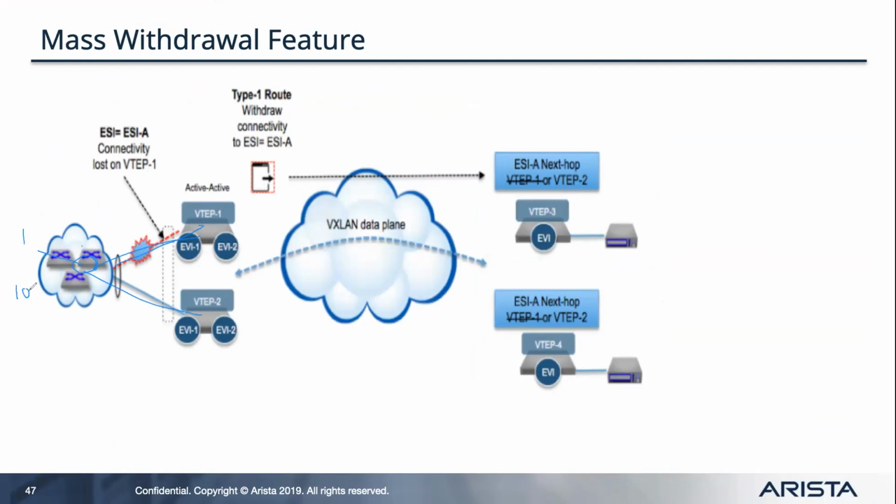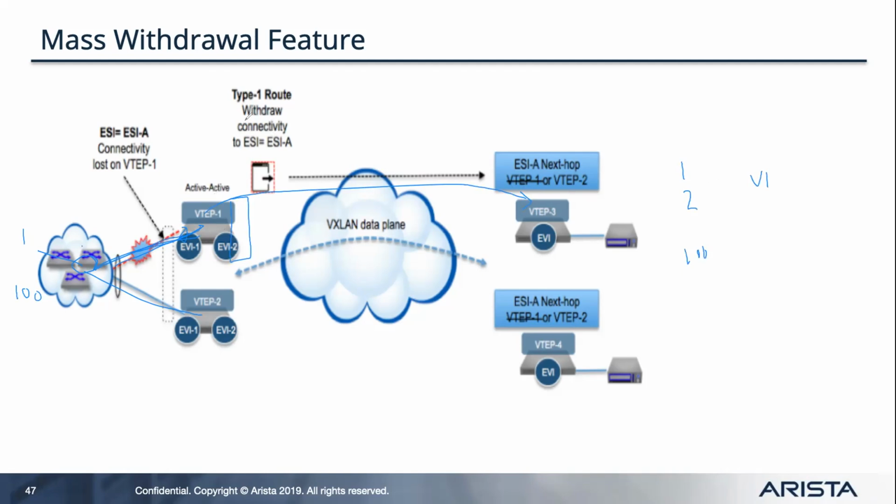Initially, all the MACs are sending traffic through this VTAP, so you learn all the MACs here and advertise type 2 routes to all the VTAPs. So VTAP 3 will know that to reach all the MACs 1 to 100, you have to send packets to VTAP 1.